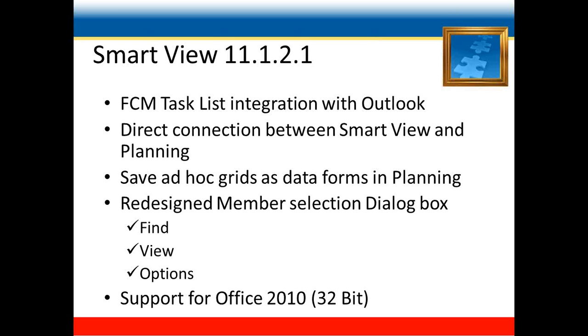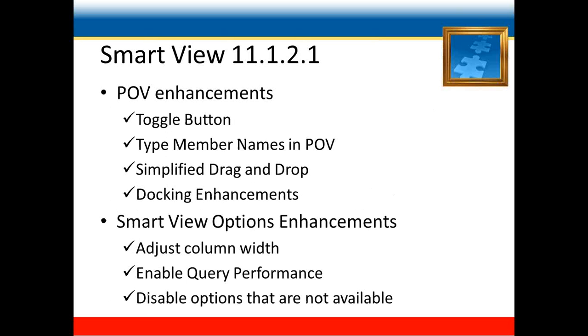There's also a view button to view member options such as viewing the children, attributes, UDAs, and many other member related options in SmartView. This version of SmartView also brought support for the 32-bit Microsoft Office version 2010.